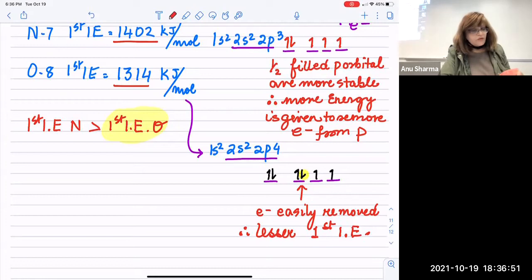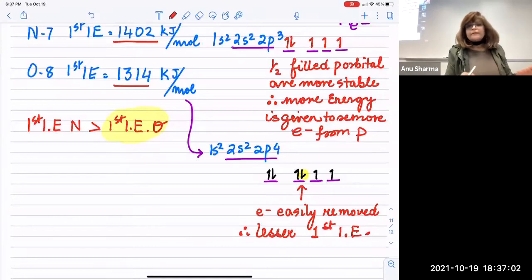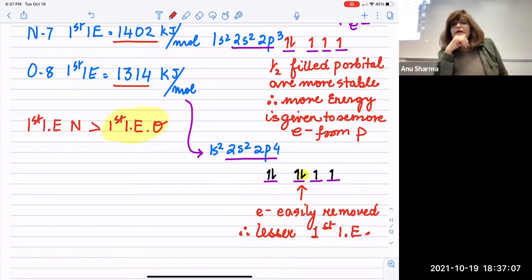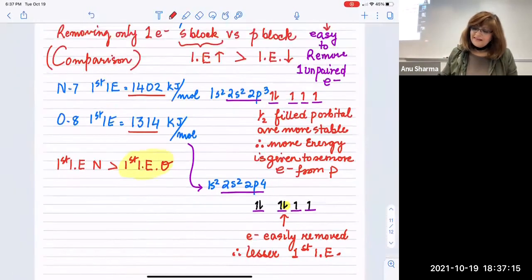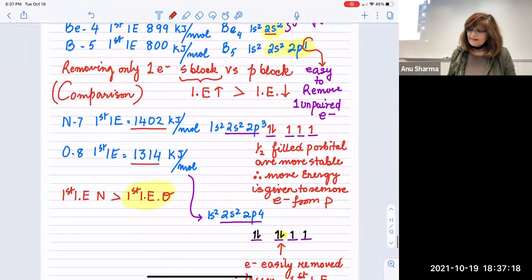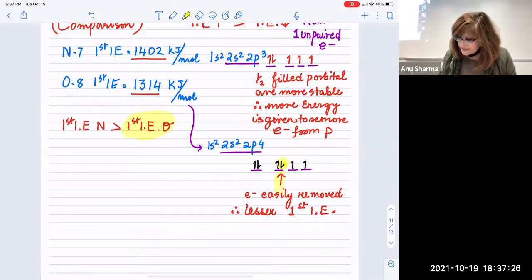You will have these type of questions, guys. Come on. What do you see on the screen? It looks like people are sleeping. The answer is right here. If you remove that one electron, the one that I highlighted in yellow, it is easily removed, therefore lesser ionization energy.